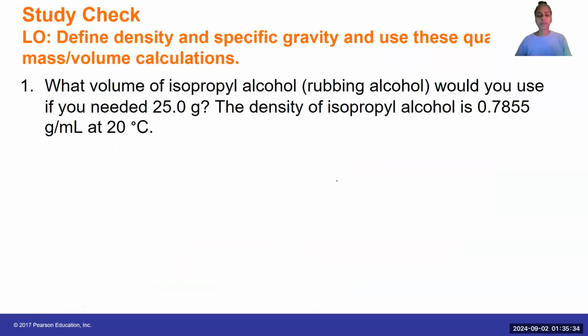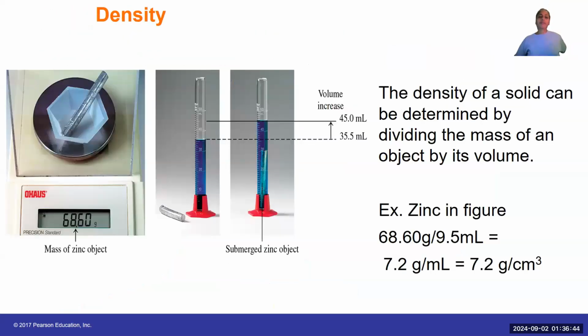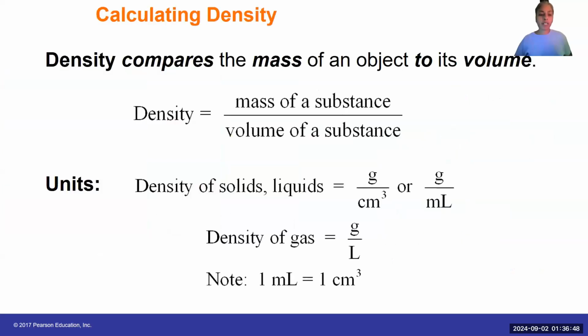Let's do an example. If you remember here, we have density. We can write the value. It is not a measured value, but it's a calculated value. And if you remember from one of the previous videos for Unit 1, we mentioned that anytime you have a unit that can be written in a fraction, that unit can be used as a conversion factor.